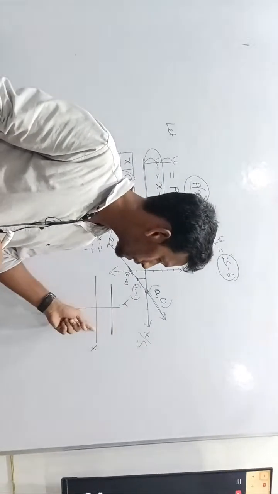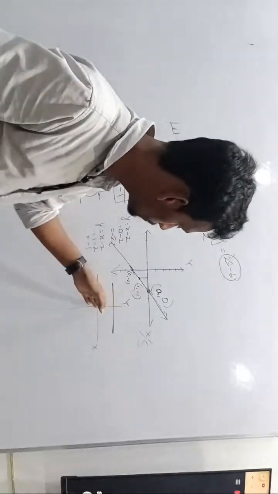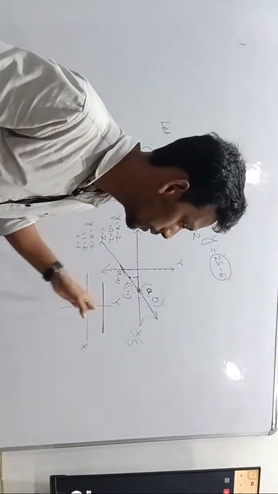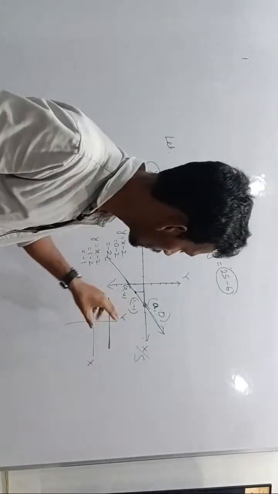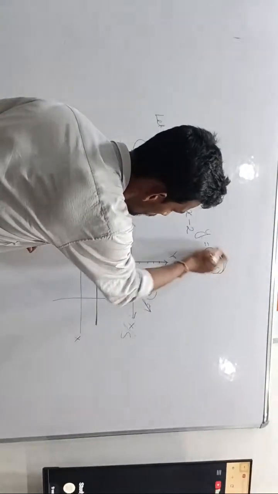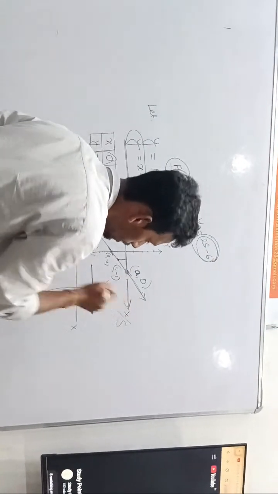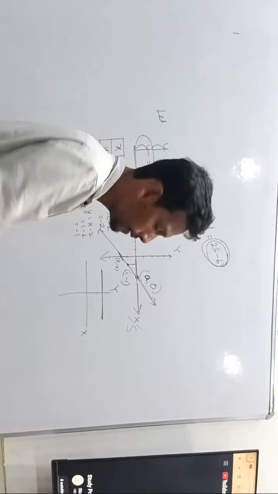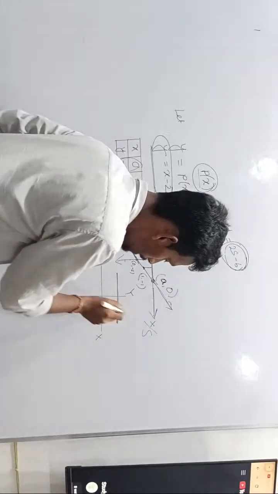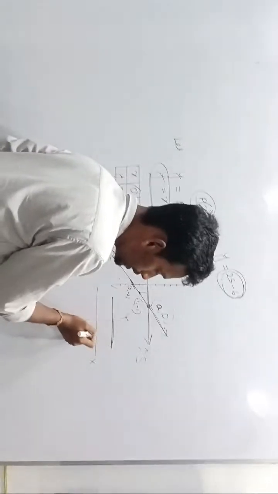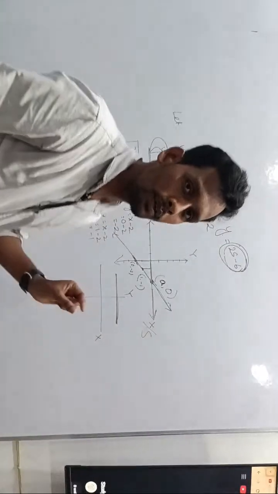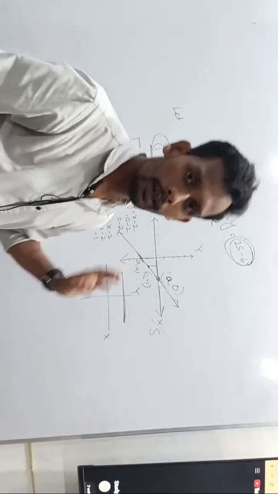It may intersect the y-axis, but we are not discussing the y-axis; for the variable given, the first reference goes to the horizontal axis. So the point where the graph intersects the x-axis is the zero of the linear polynomial. Clear?